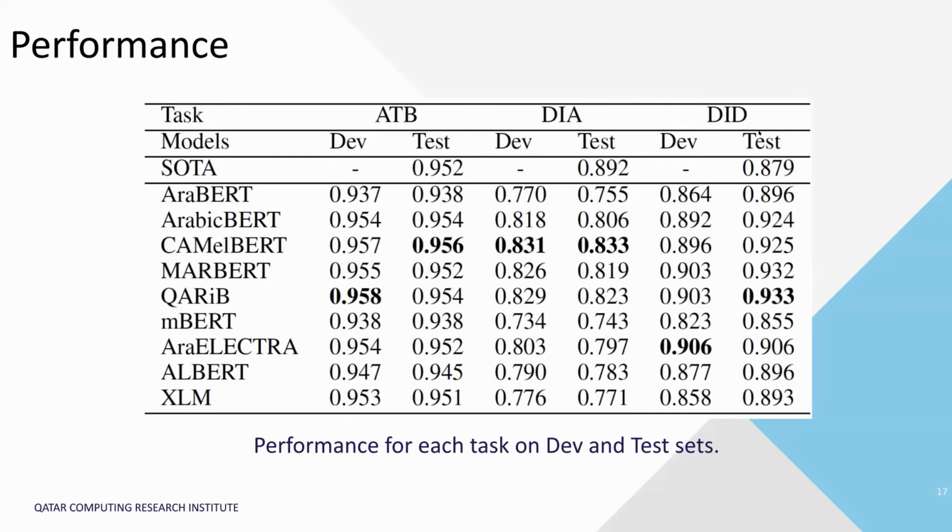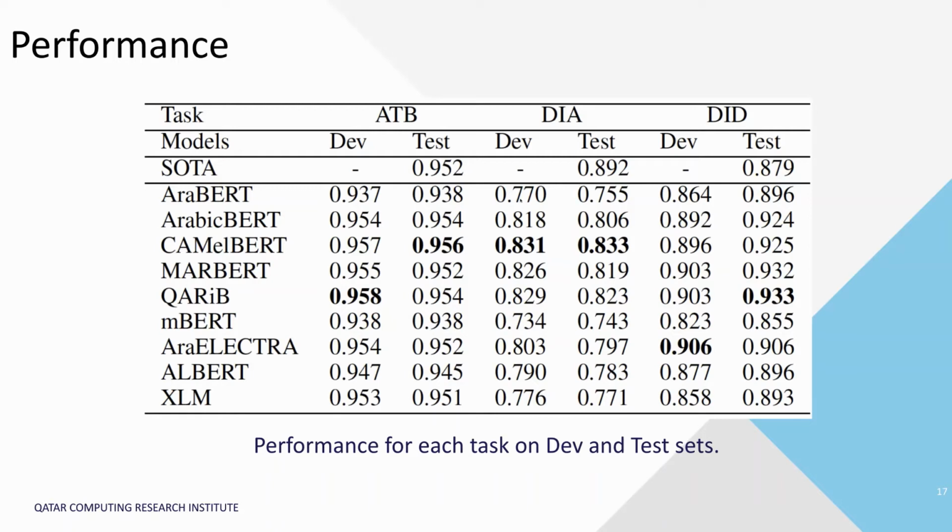Doing the first analysis, this is the overall performance for all these models. We can see that the numbers are not completely bad. Most of them, for example for the ATB, are in the 90s: 95, 96, 94.